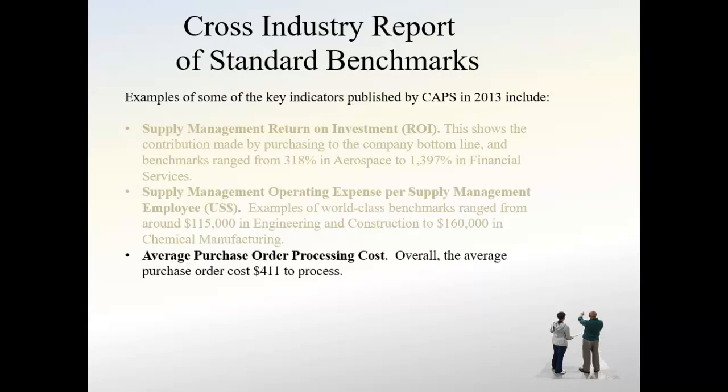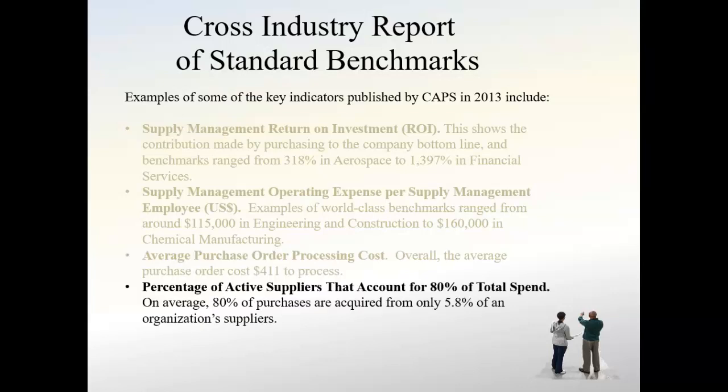Average purchase order processing cost. Overall, the average purchase order costs $411 to process. Moving on to percentage of active suppliers that account for 80% of total spend.